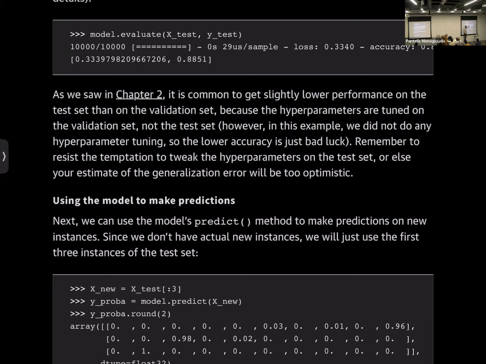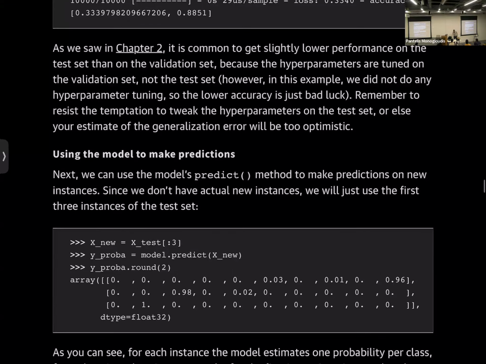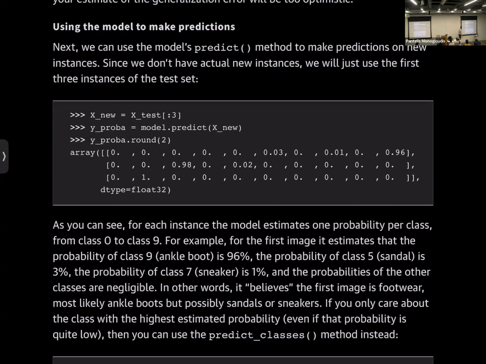Here we have, let's say, 3 images that we are feeding into it. We use the .predict API to feed these images and obtain y hat, which now has three y hat vectors. The first y hat vector is for the first image, the second for the second image, and the third for the third image.